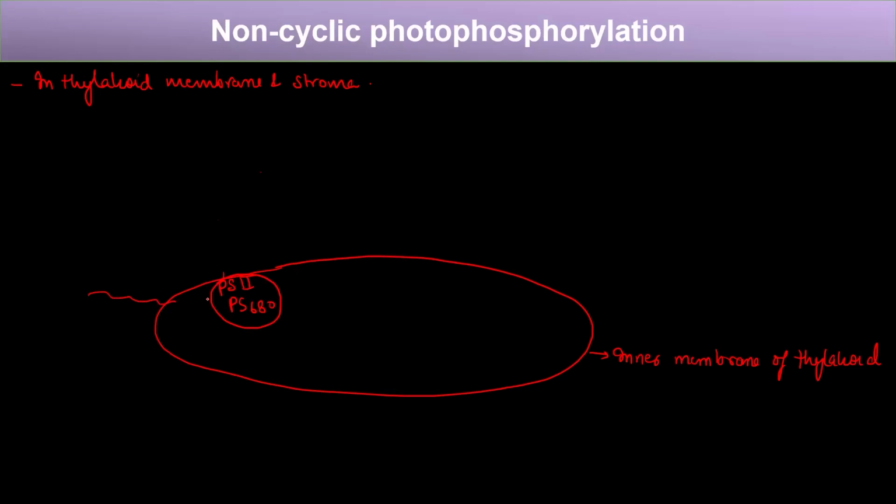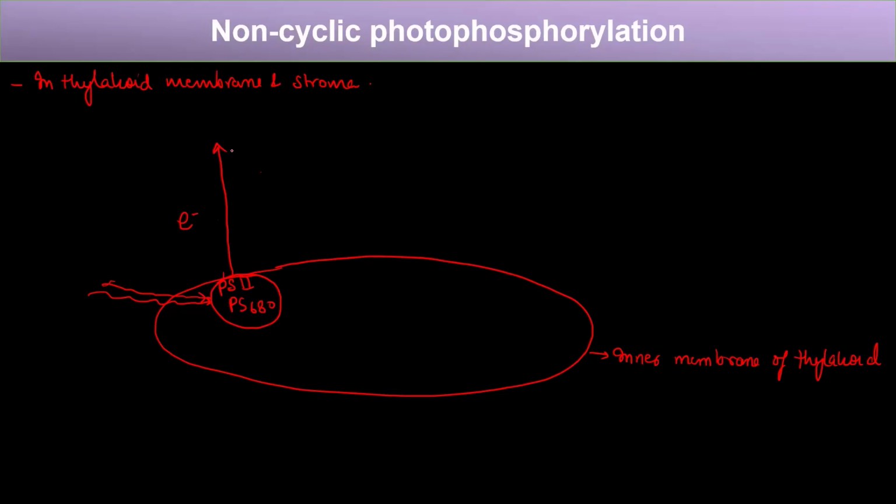Now it receives light. Once it receives light, its electron will undergo excitation. Now, who will receive this electron? The electron will be received by the electron transport chain, because it comprises electron carriers.